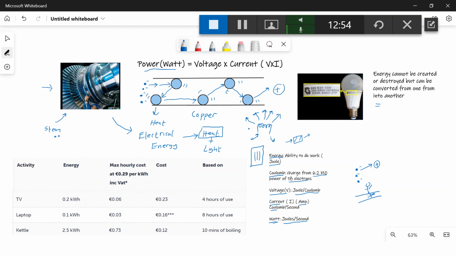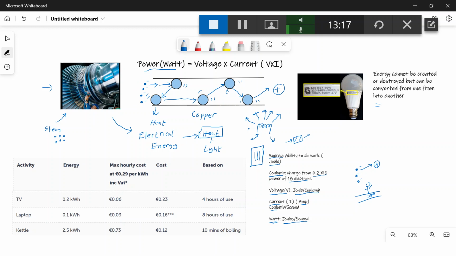Kinetic energy is the energy the steam particles have from movement. Those steam particles' energy will be transferred into making the turbine turn around. That turning of the turbine then will be converted into electrical energy. And that electrical energy is just the movement of electrons.